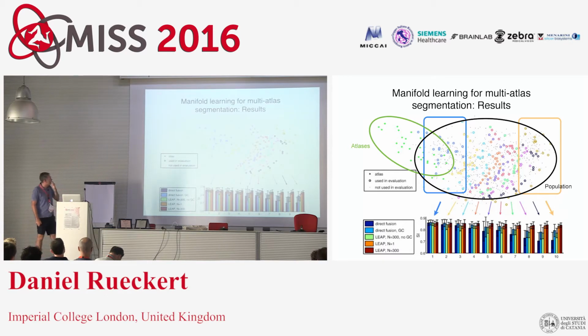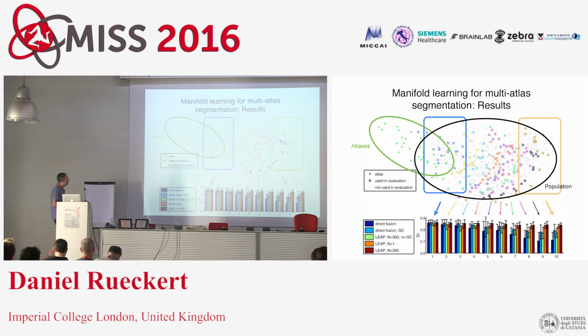And if you look at the results, if you look at the whole population, remember that the atlases are outliers. If I look at how well my algorithm does for segmenting subjects which are very close to the atlases, you can see I'm actually doing very well in terms of segmentation performance.